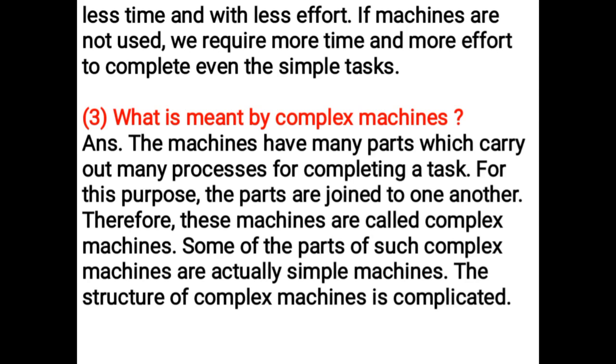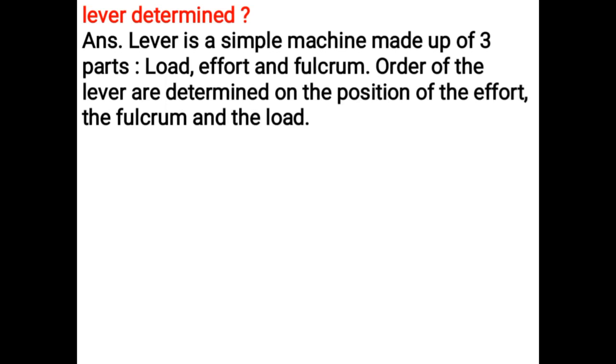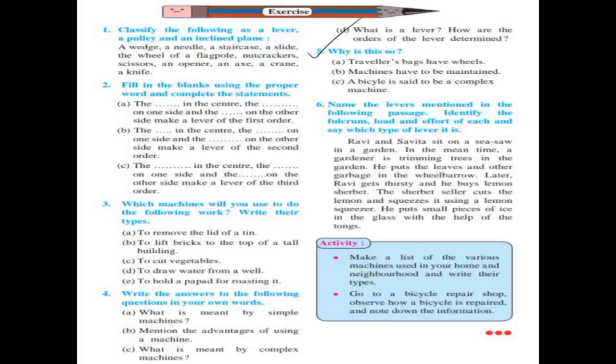The structure of complex machines is complicated. What is a lever? How are the orders of the lever determined? A lever is a simple machine made up of three parts: load, effort, and fulcrum. The order of the lever is determined by the position of the effort, the fulcrum, and the load.